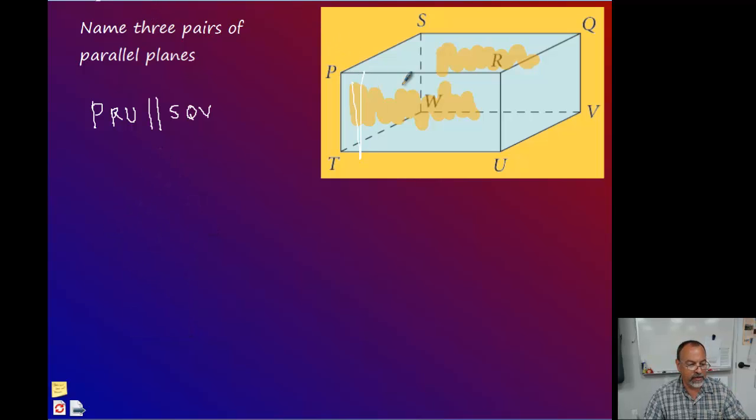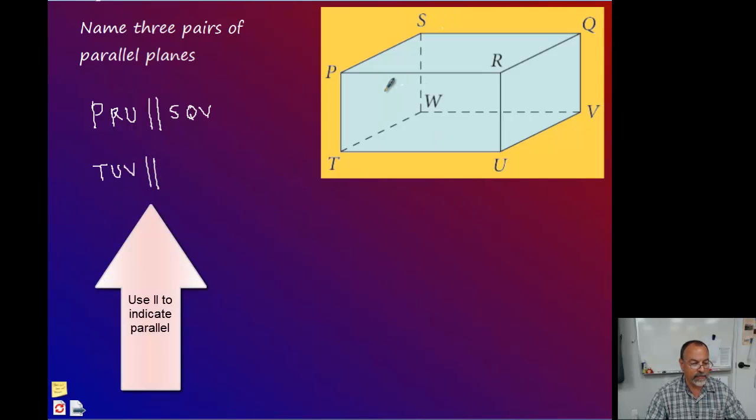So what would be another pair of parallel planes? Well, that might be the top and the bottom. The bottom of the box is represented by this plane here, so I can use any three letters on the bottom. I can use T, U, and V, which would be parallel to the top of the box, any three of those four letters, so I could use R, Q, and S. So that's two pairs.